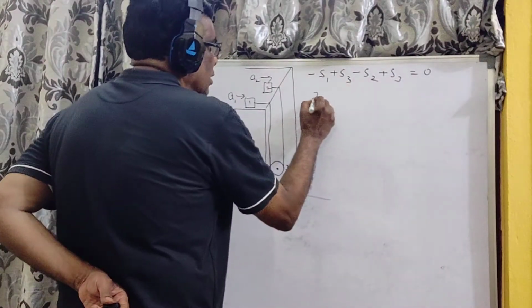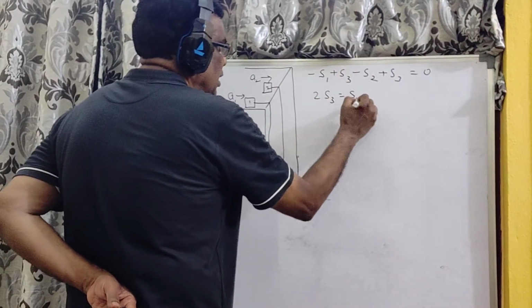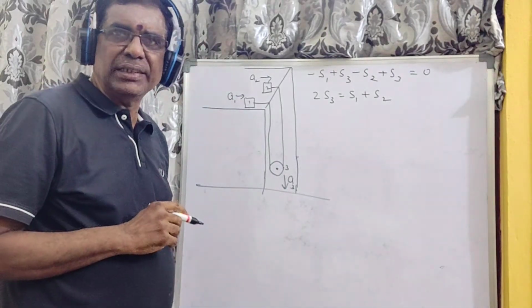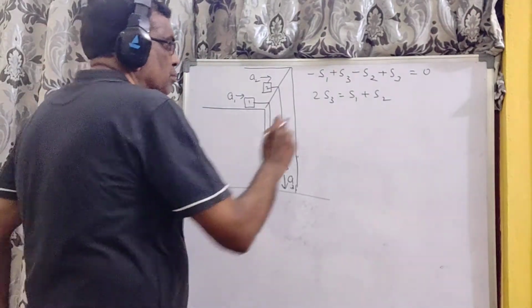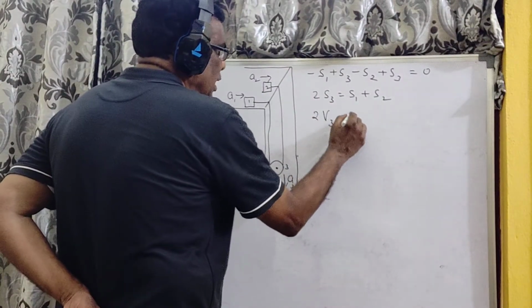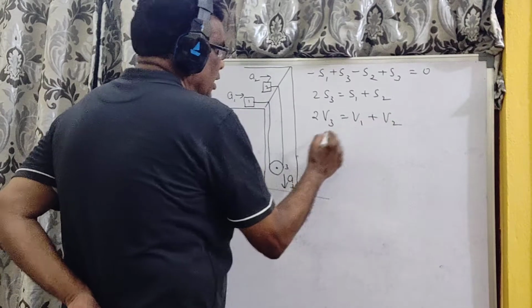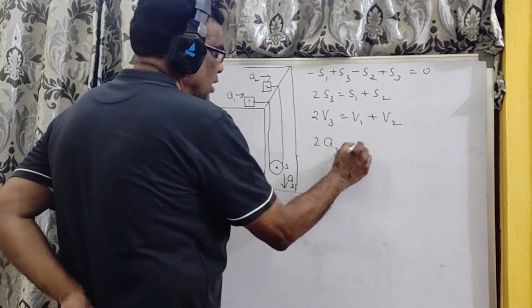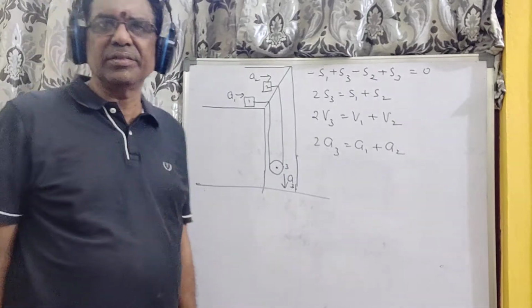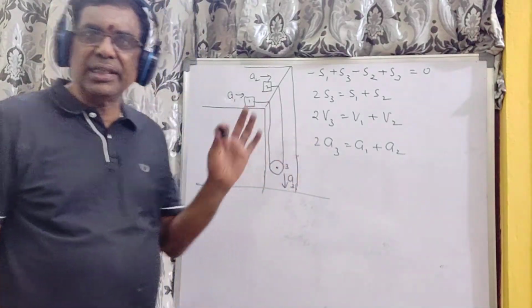What are you getting? 2S3 is equal to S1 plus S2. Alright? If you differentiate, and further differentiate, these are the kinematics or the constraint relations.